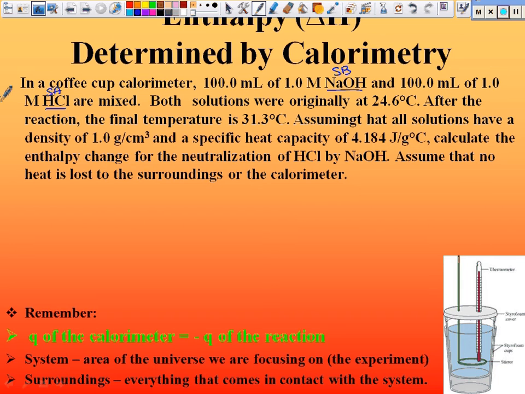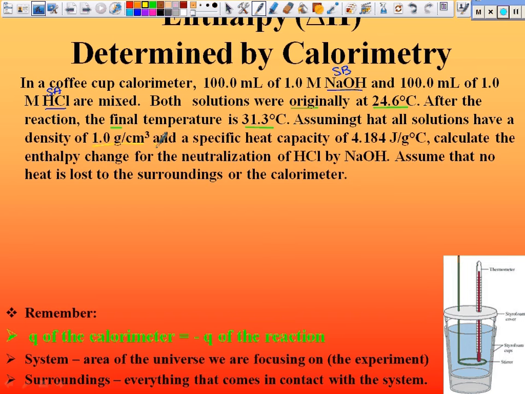Both solutions were originally at 24.6 degrees Celsius. Do you agree that it's important that they told you originally and a temperature? Yep. After the reaction, the final temperature is 31.3. So from those two numbers, what can you get? You can get delta T. Assuming that all solutions have a density of 1 gram per cubic centimeter and a specific heat capacity of this.